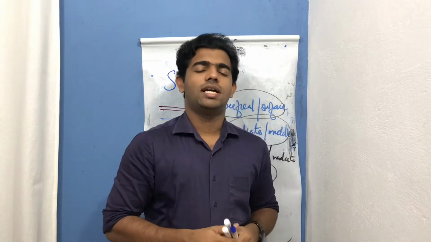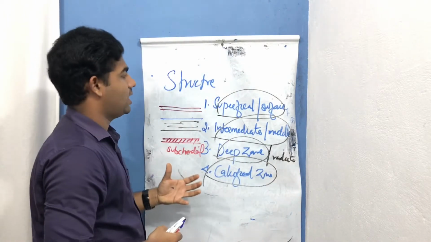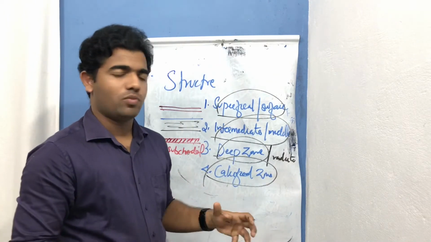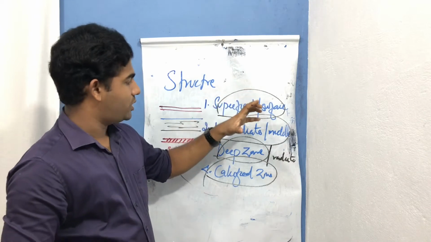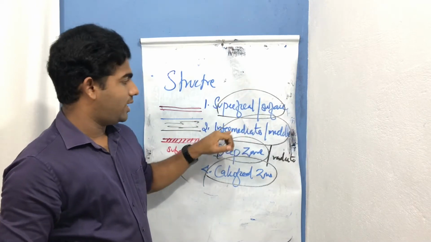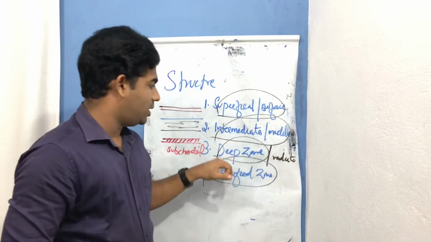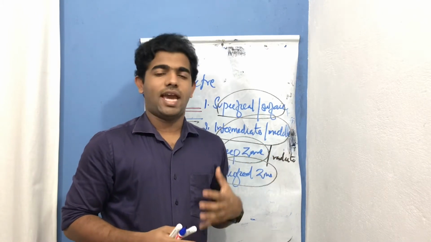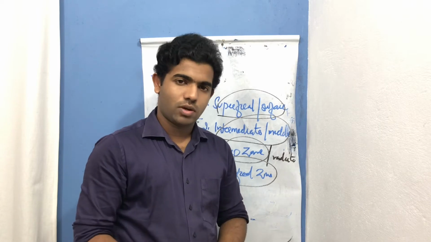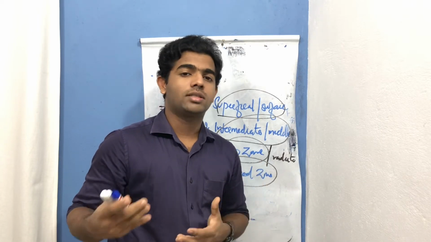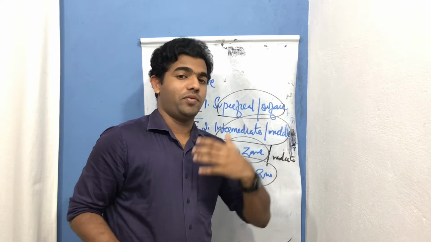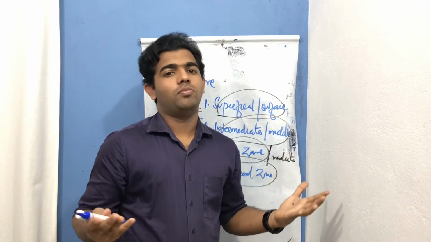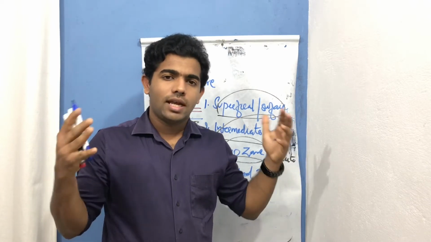So that is the general structure of the articular cartilage, which I would like to mention once again. It is made up of a superficial layer or surface zone, the intermediate zone or middle zone, the deep zone or radiate zone, and finally a calcified zone. The calcified zone is the lowermost part and it is attached to the subchondral bone. The superficial one, of course, is the topmost zone of the cartilage.